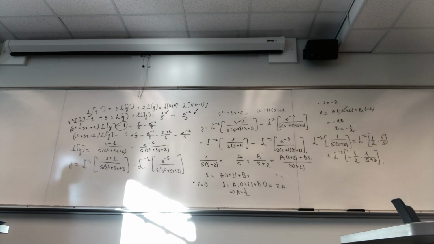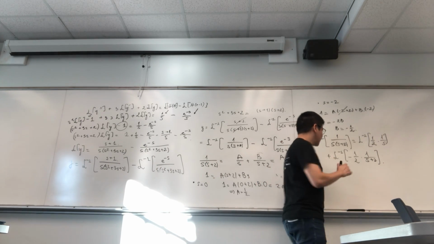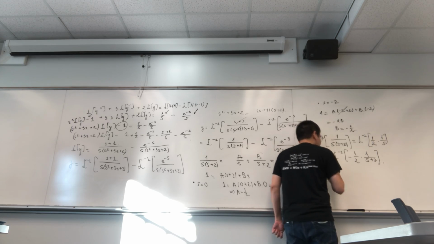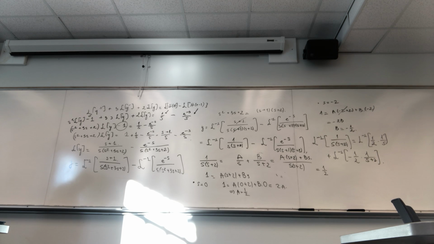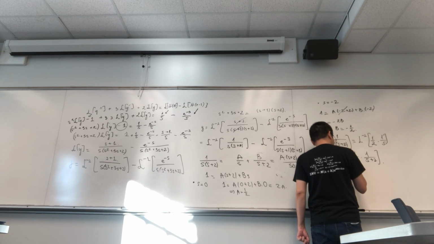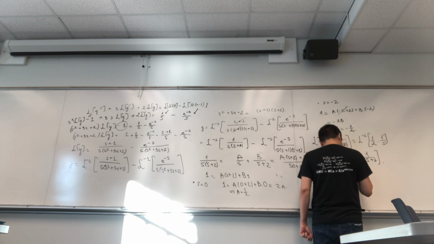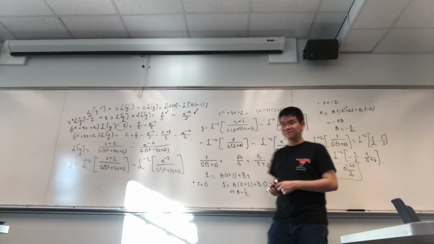It will just be 1/2 because the inverse Laplace transform of 1 over s is 1. So the first guy gives me 1/2, right? So what is the inverse Laplace transform of the second guy? Negative 1/2 times e to the negative 2t. So this is minus 1/2 e to the power minus 2t. Right? So this is the first inverse Laplace transform.